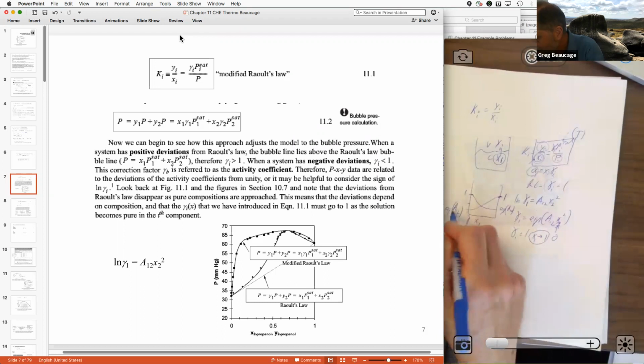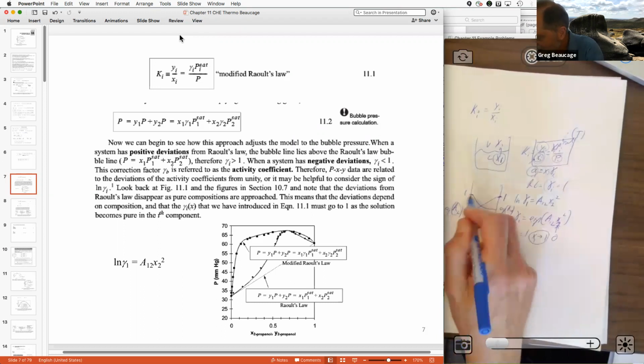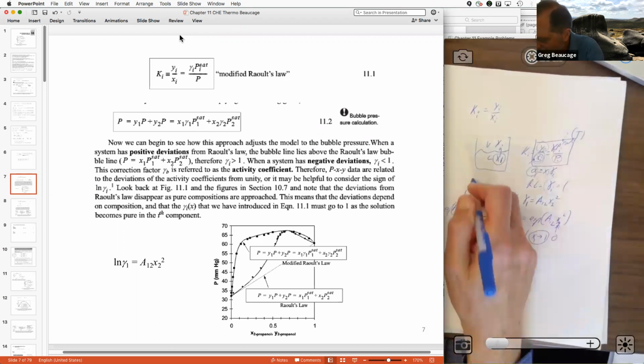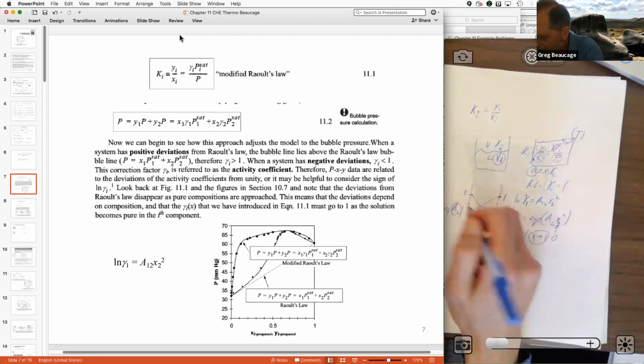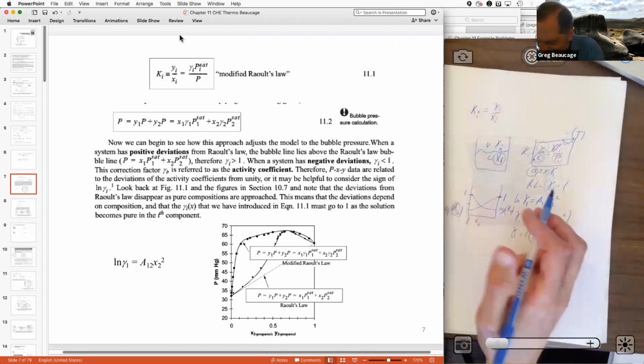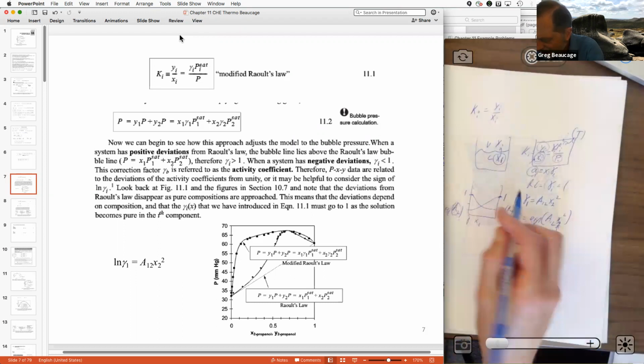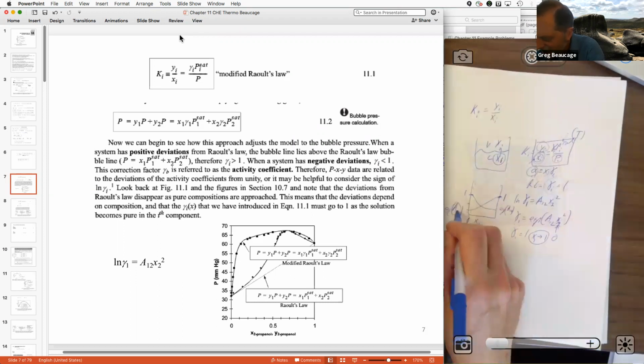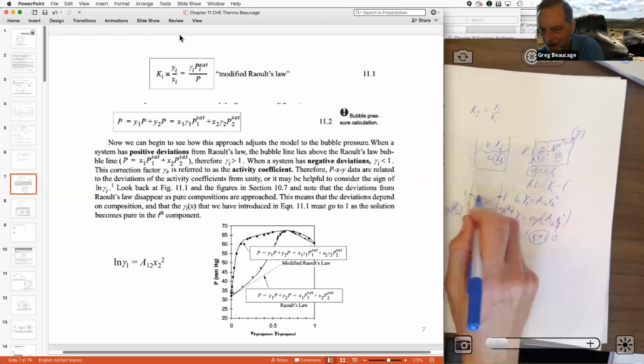So the value of A12 will decide if gamma is bigger or smaller than 1, so you have positive or negative deviations from Raoult's law. That's the point. And if exponential A12 gives 1, then this follows Raoult's law. That's a straight 1 across.